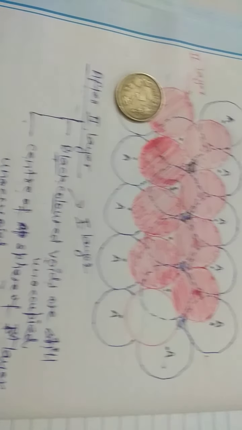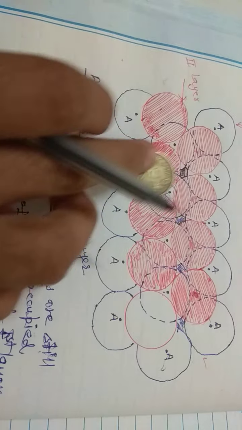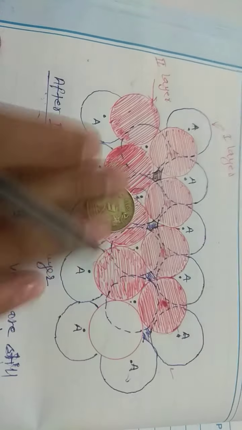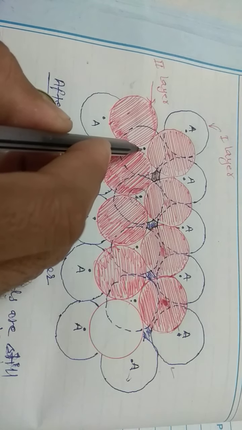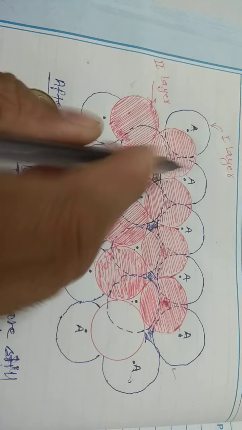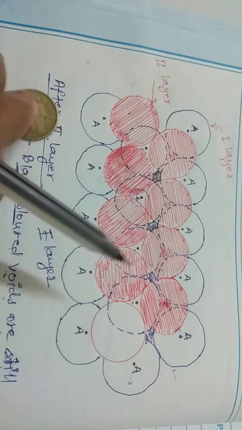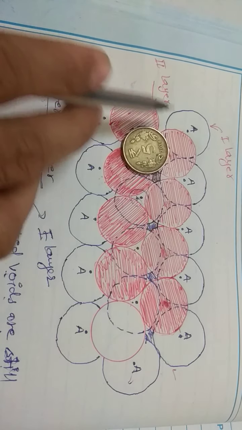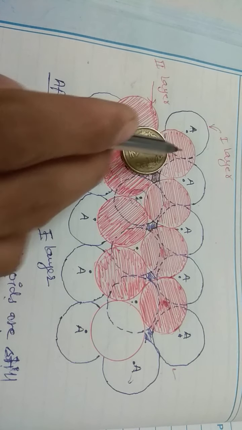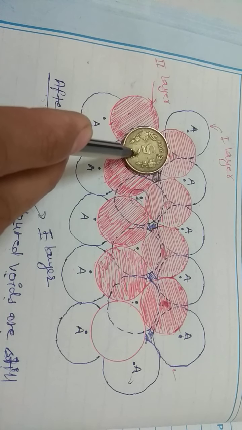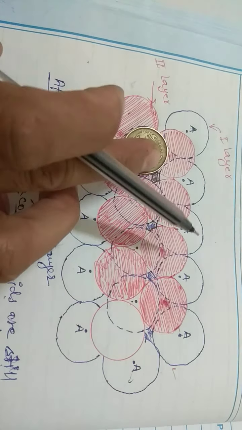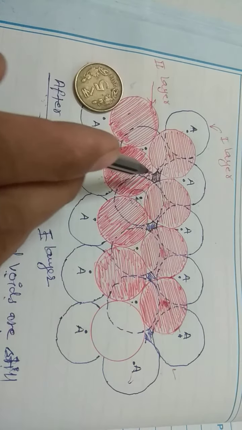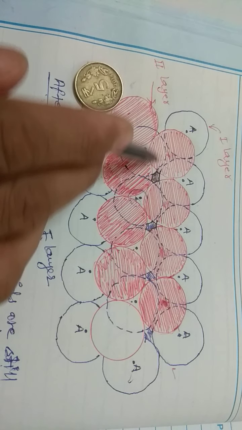Now come to this. The next choice is you occupy A. So class, you see this is the center of the sphere present in the first layer, and this is A. If we occupy this, then you can see that this is the first layer, this is the second layer, and this is the third layer. In the third layer the particle is just above this dotted particle which is in the first layer.